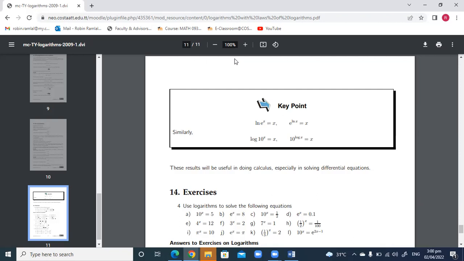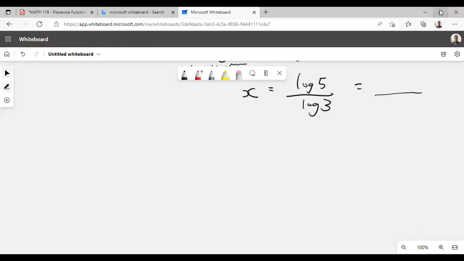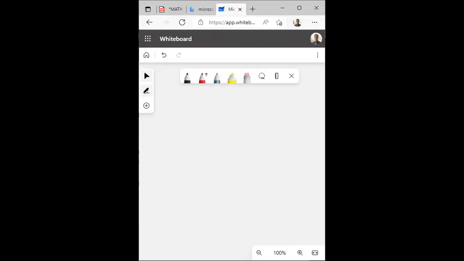All right, so I'm going to correct it now, part A and part E. 10 to the power x is equal to 5, and 4 to the power x is equal to 12. So let's do them.